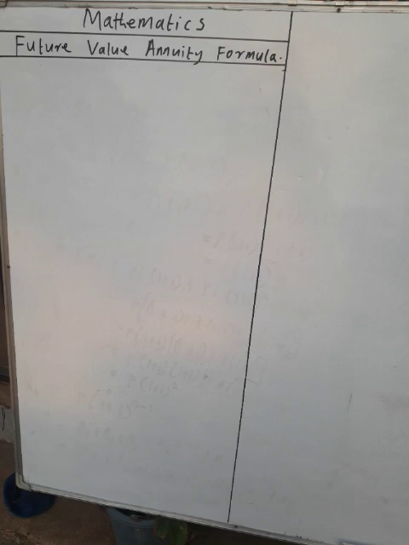Here we are to show the formula for future value annuity. Annuity is a sequence of equal payments made at equal intervals of time with compound interest on them. And this type of payment is an investment because it will yield interest after making a series of payments.